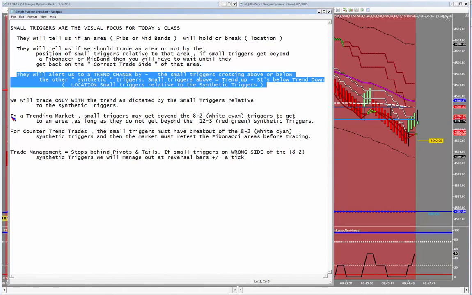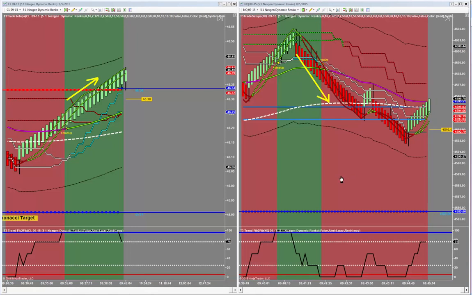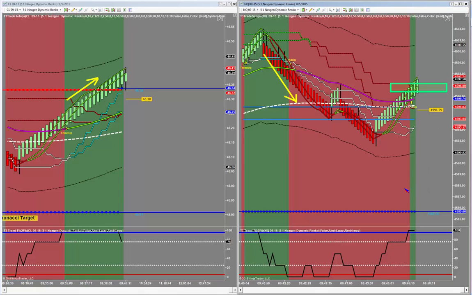In a trending market, as long as we don't violate our 12-3 red and green synthetic triggers, we can take a short trade. So this is your break beyond point right here. If the small triggers violate these larger synthetic triggers, then we're not going to do a trade.